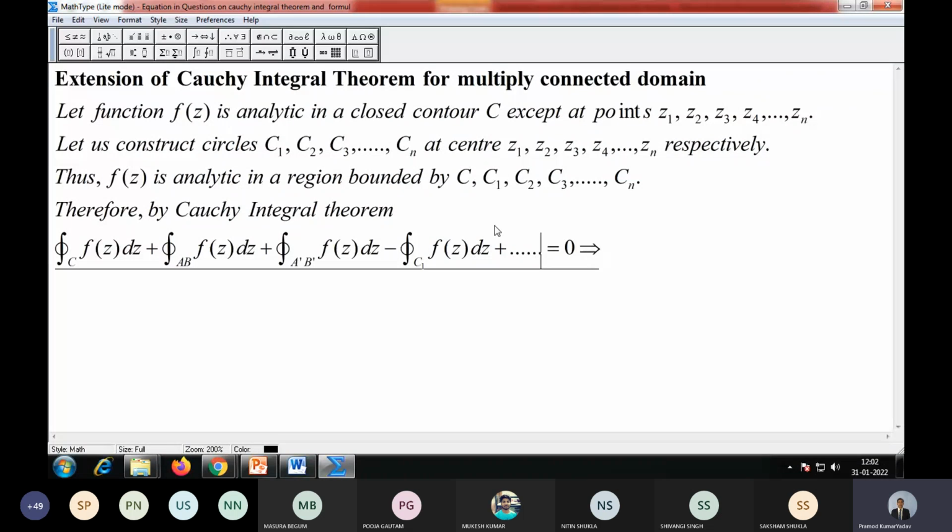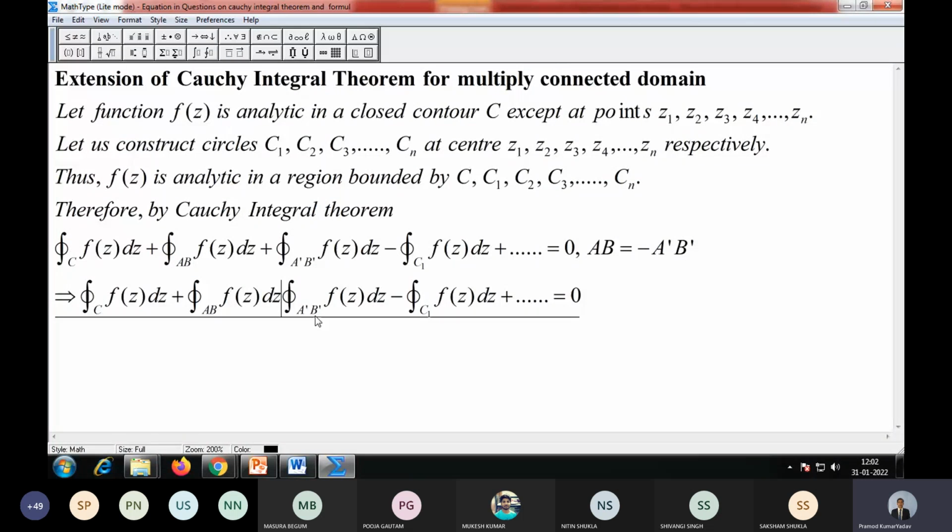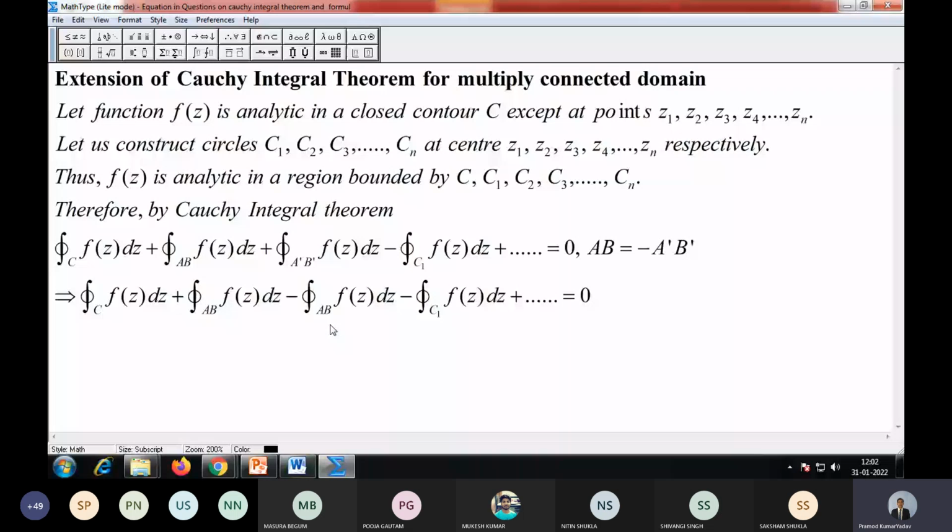This implies that the path AB is equal to minus A'B'. So we may write the whole as this, and here it becomes minus AB, and the whole is equal to 0. So the joining paths are going to cancel out each other.